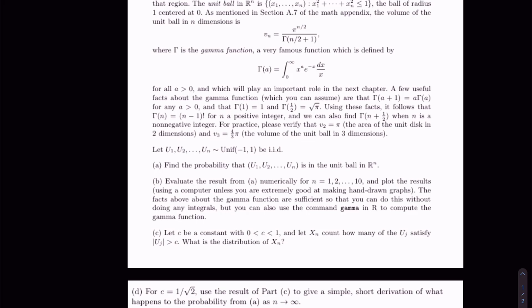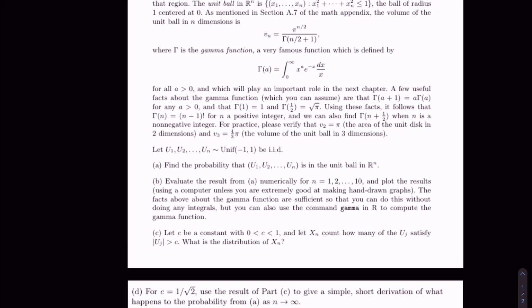Then there is a question about evaluating this numerically, then squeezing this region a bit, and asking what happens when we increase the number of random variables to infinity.